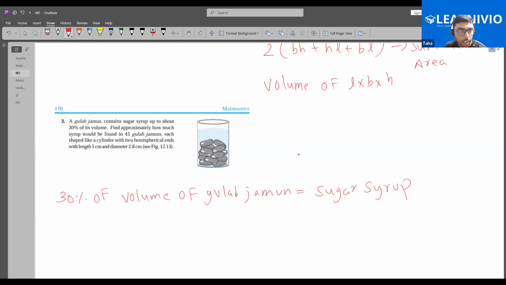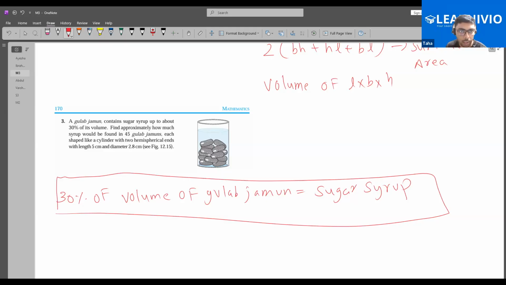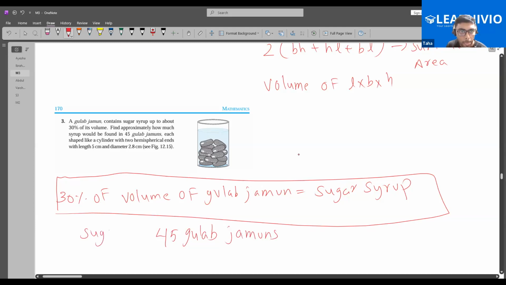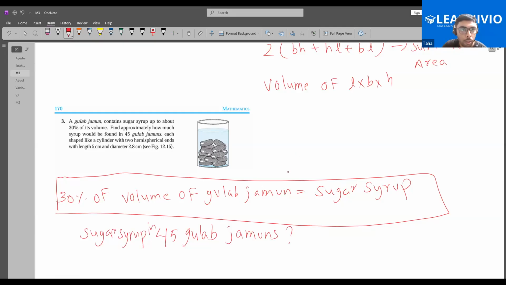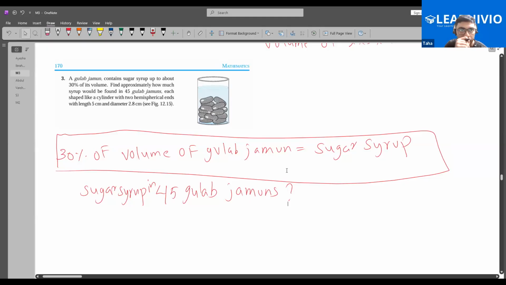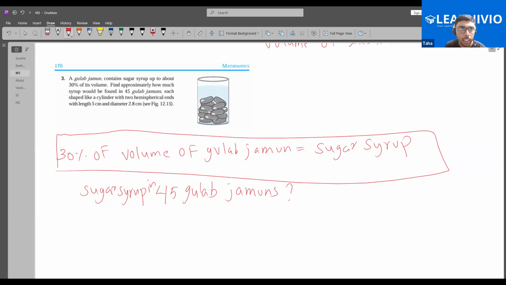Okay, so this is the relation between one gulab jamun and the sugar syrup. So, 45 gulab jamuns. The shape that is given to us is a cylinder with hemispherical ends.